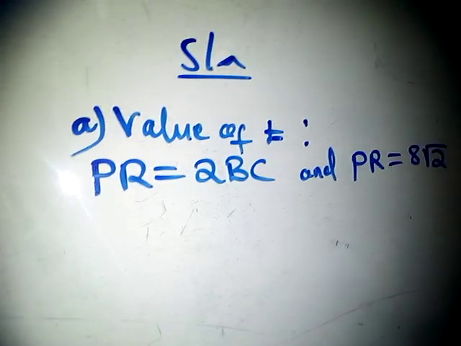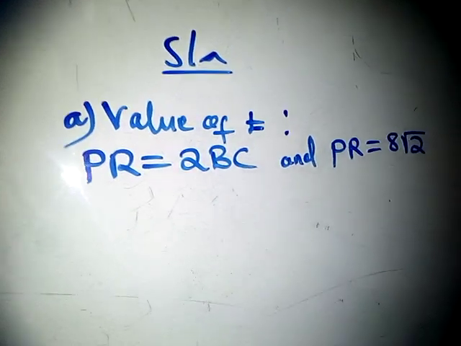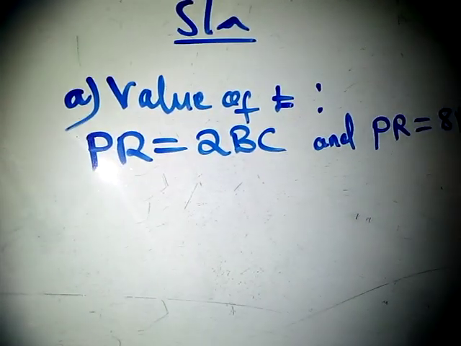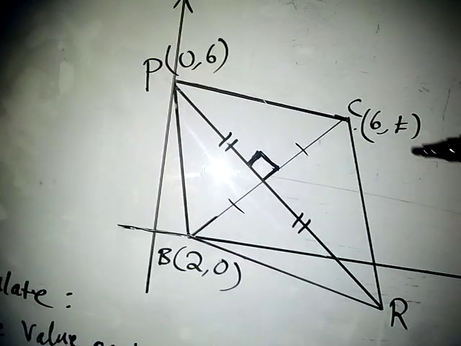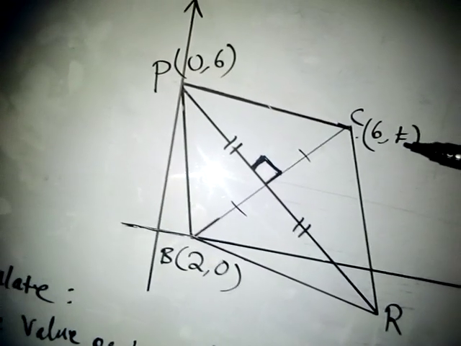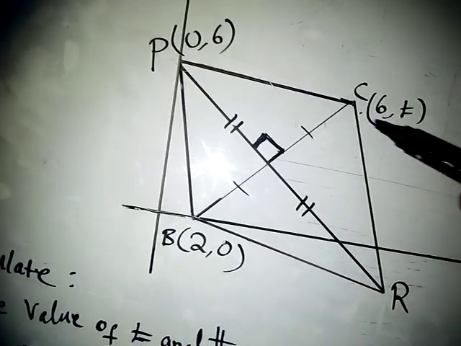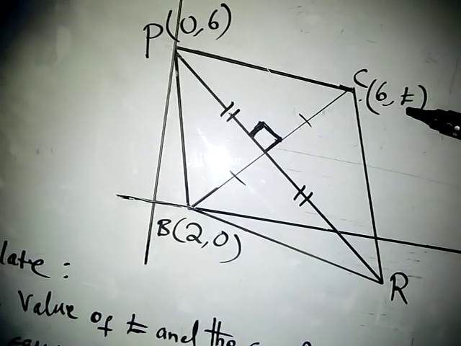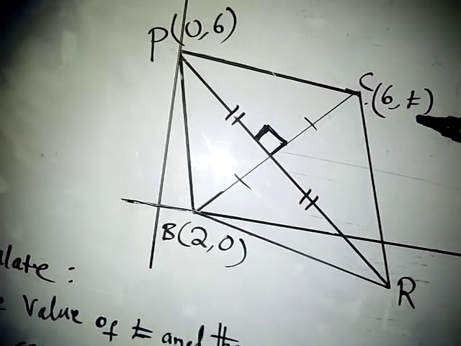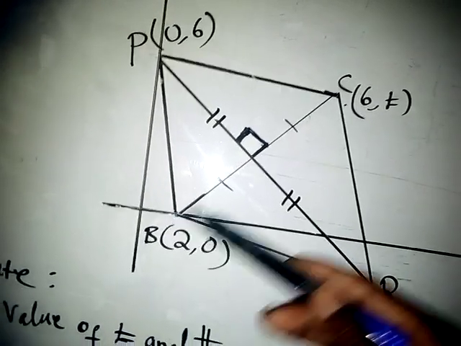The value of t. How do we find the value of t? Well, we're going to use this particular information that has been given for us. For you to find the value of this t, it's important to know the length of the line BC. Take note, for us to know the value of t, which is the y value in this coordinate, it's important that we know the length of the entire line BC.